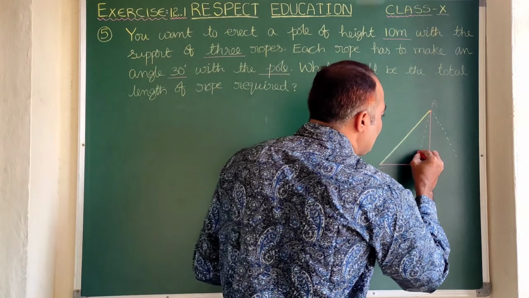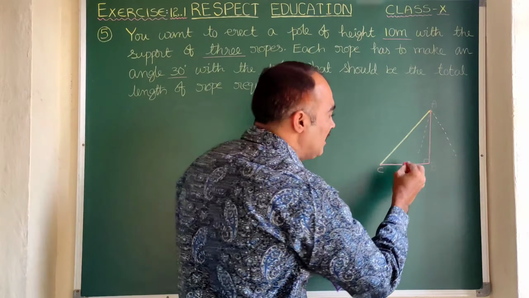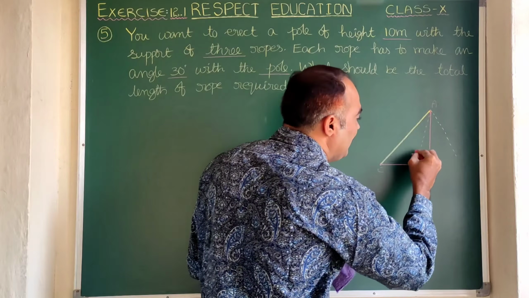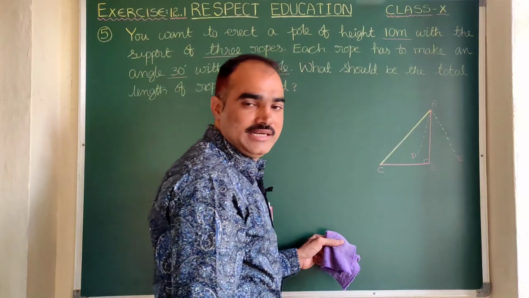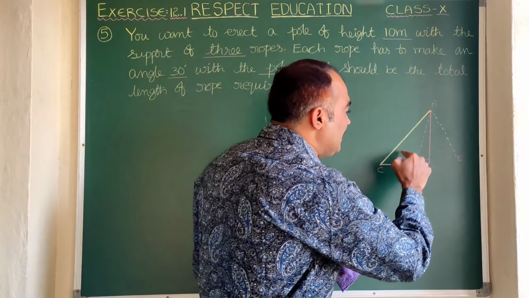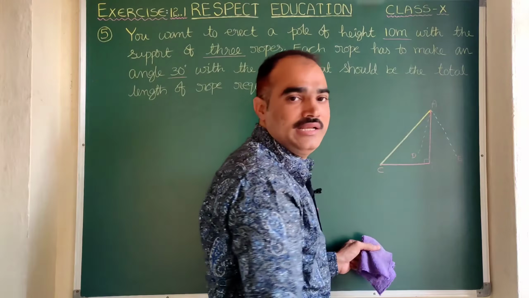Similarly, you can take this point as D, AD, and this point as E. Here you understand that C, D and E, all the 3, are on the earth only.